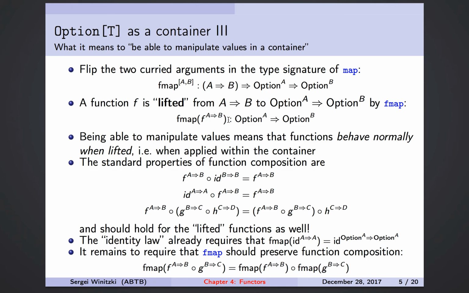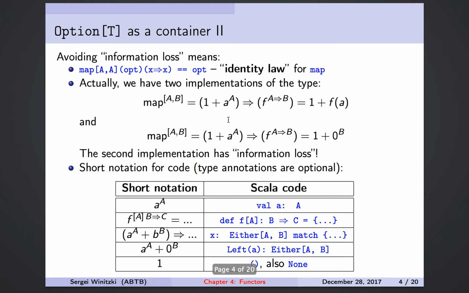But for coding, in Scala especially, it's actually easier to use this order of arguments, because you usually have map as a method on a class, so you have a.map of f, and that's also easier to read in code.